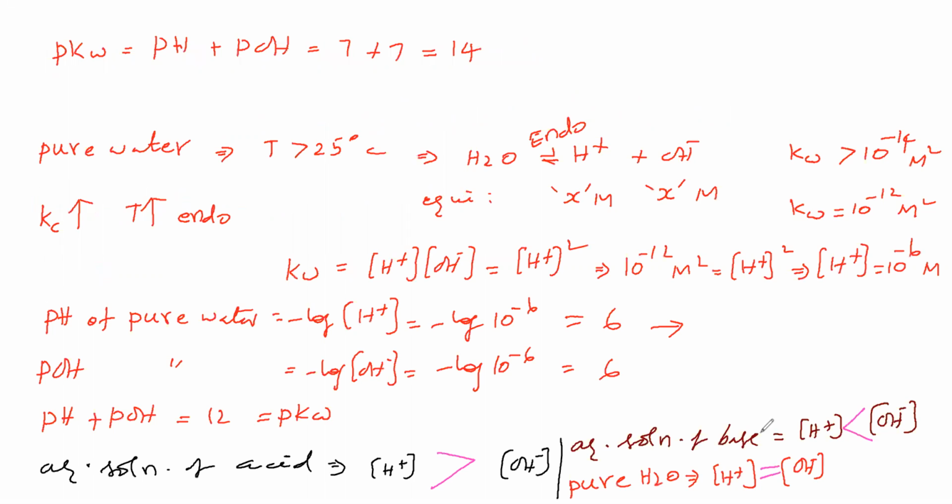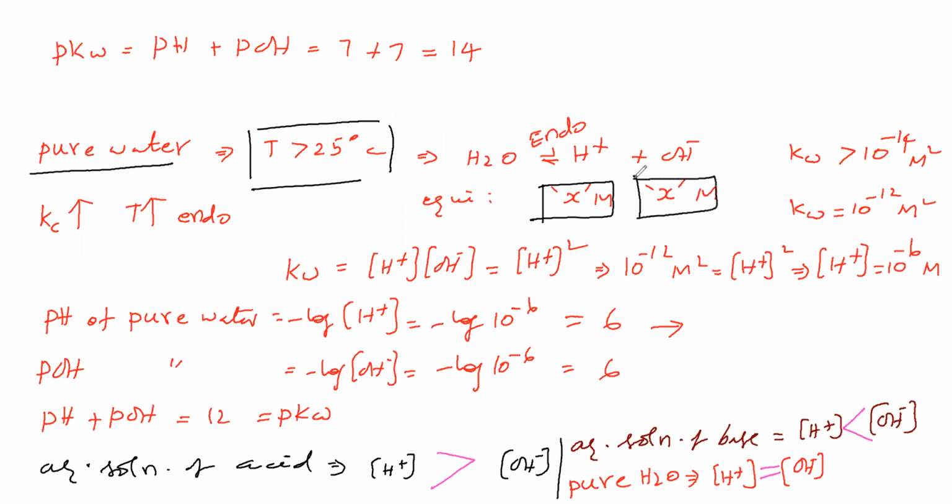Now, what is the pH of water here? We have taken pure water at a temperature greater than 25 degrees Celsius. Here the concentration of H plus is equal to the concentration of OH minus. For this, Kw is equal to 10 power minus 12.